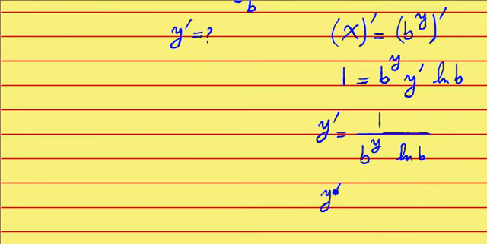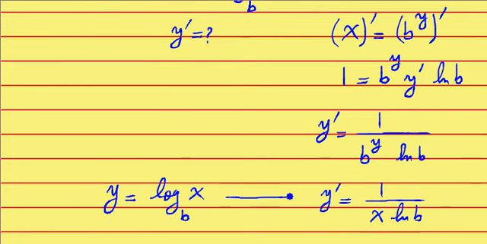So y prime becomes 1 over x times logarithm of b. So once again, if y is logarithm of x in base b, then its derivative is 1 over x times logarithm of b. So that concludes the proof of the rule that we are using. Now we go ahead and do some more applications.